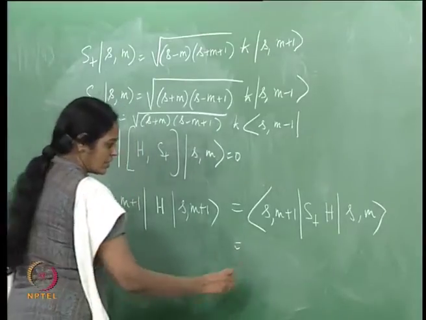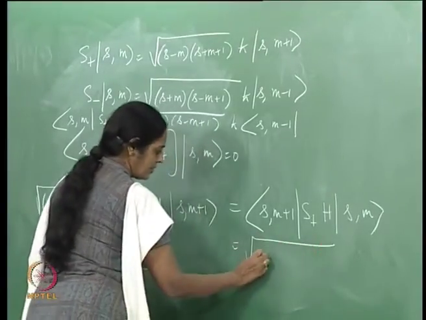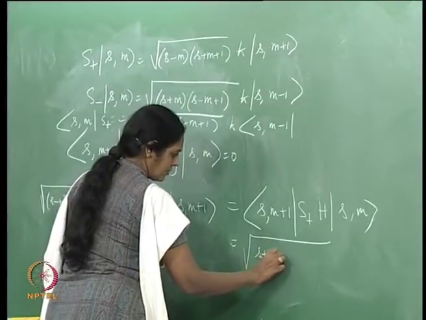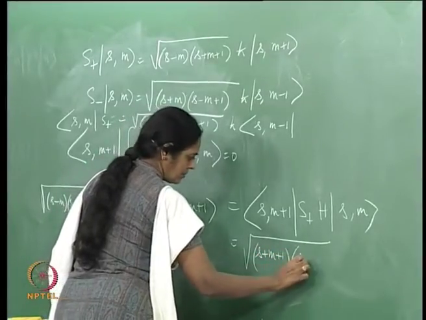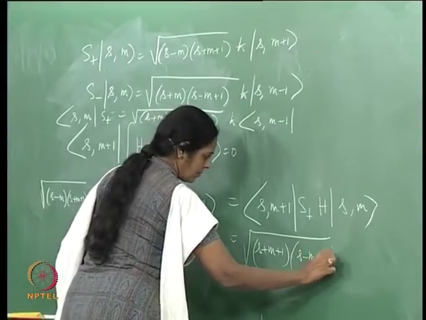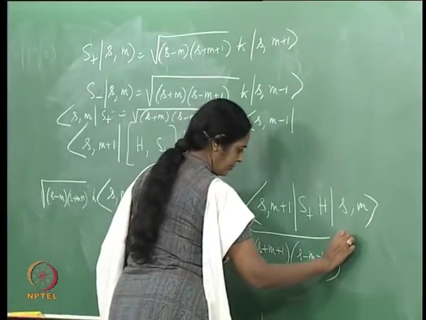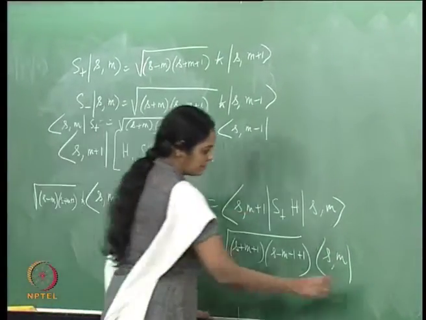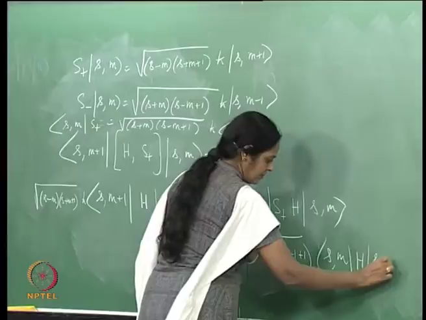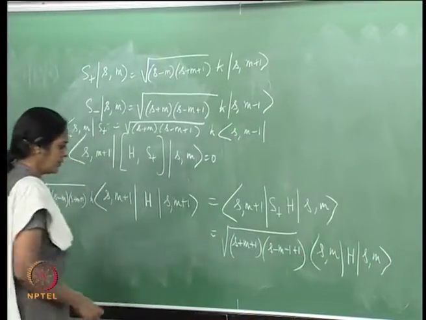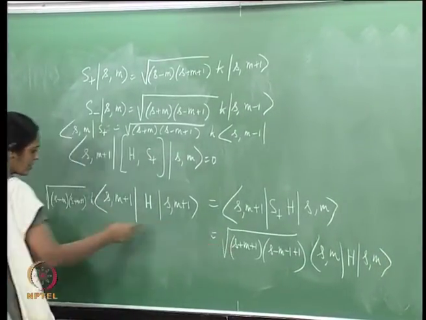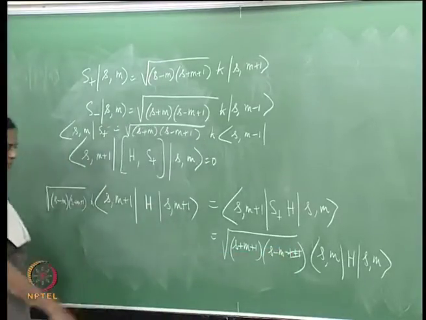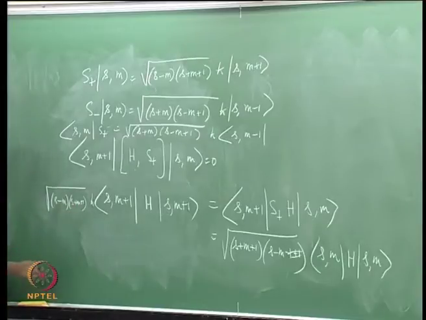So, I use this and I have, it reduces m plus 1 to m. Notice that this coefficient is the same as that coefficient, that goes off, and I just have the same coefficients.